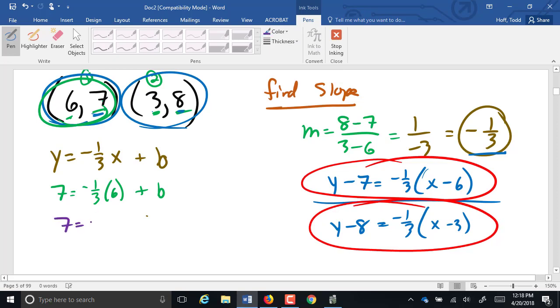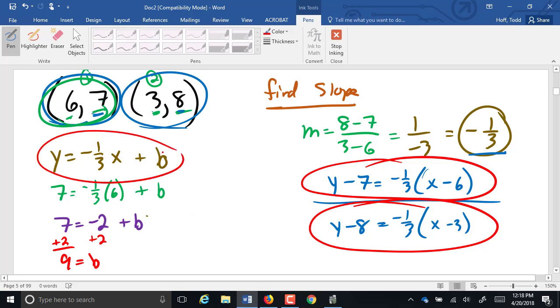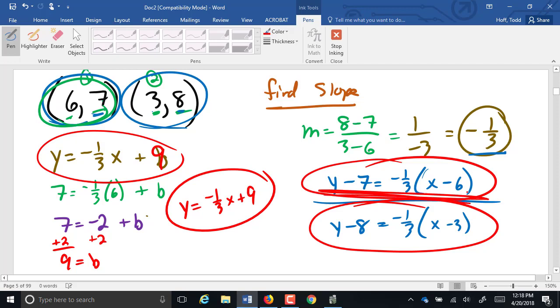So I have negative 1/3 times 6 is a negative 2. Adding 2 tells us that 9 equals b. So we replace b with 9, and that'll become y equals negative 1/3 x plus 9. If you double checked, you would find that both of those equations are equivalent to that.